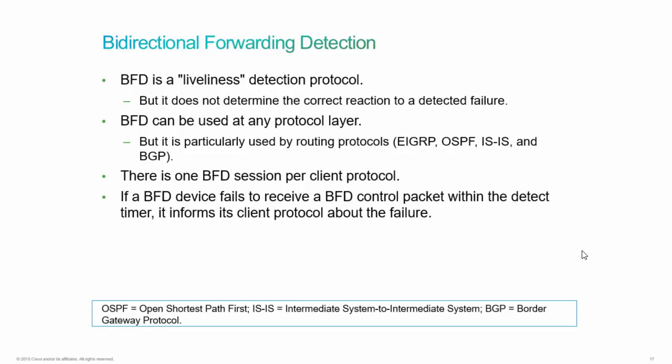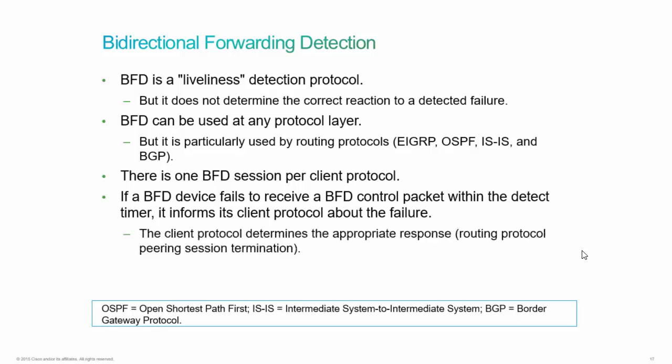It learns them via EIGRP. EIGRP tells it, here is the peer, and then the client protocol figures out what the appropriate response would be.